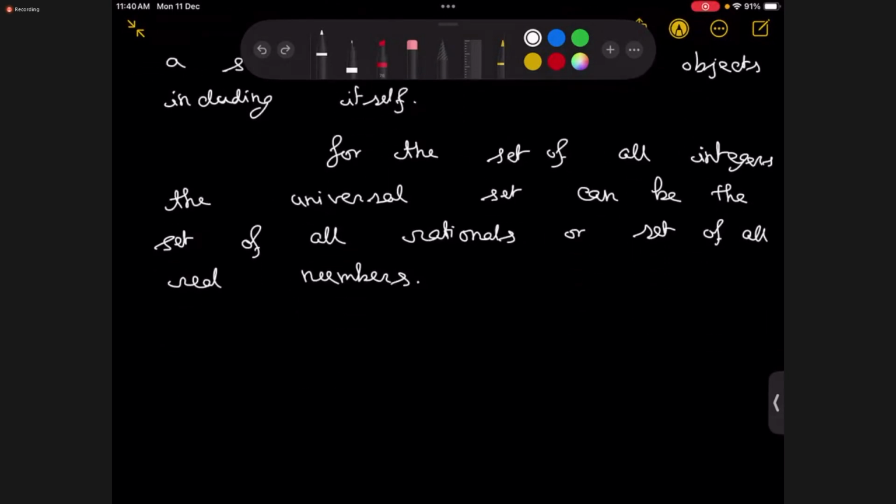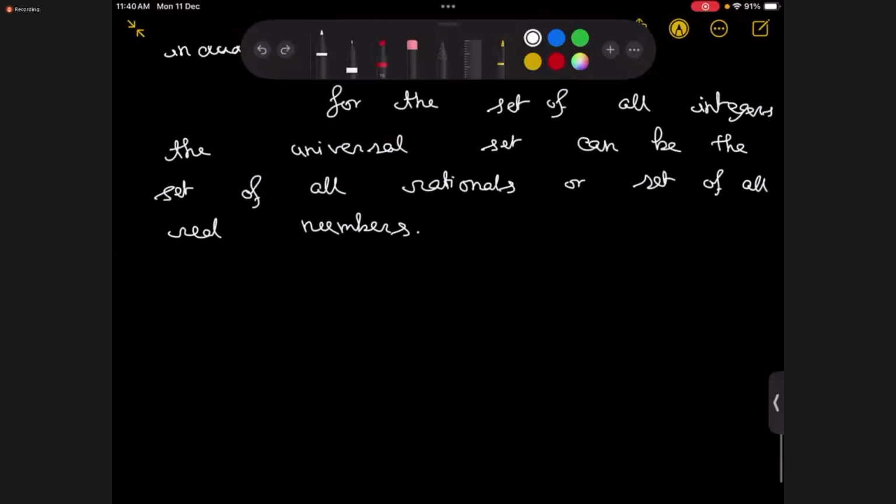Let us take one example. The example says that A is the set 1, 3, 5.